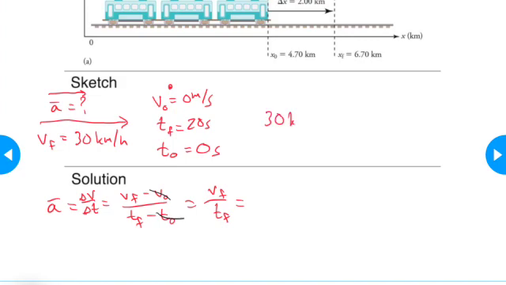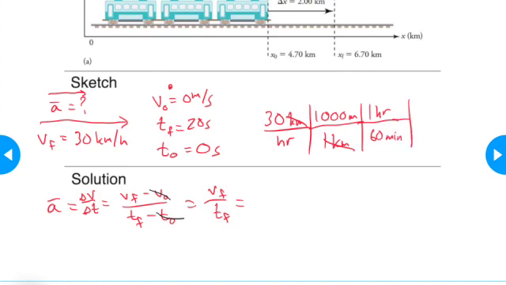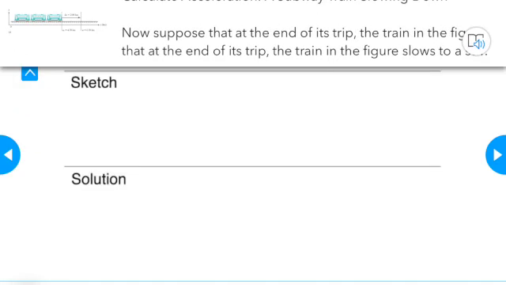We wouldn't do that up here, so 30 kilometers per hour, that is, in 1 kilometer, there's 1,000 meters, and so that eliminates the kilometers part. And then in 1 hour, there are 60 minutes. In 1 minute, there are 60 seconds.